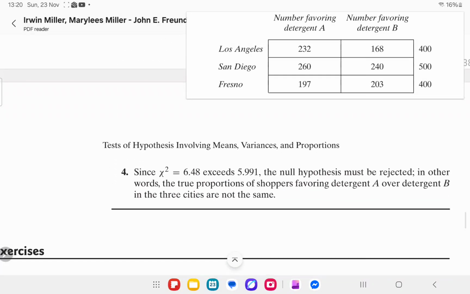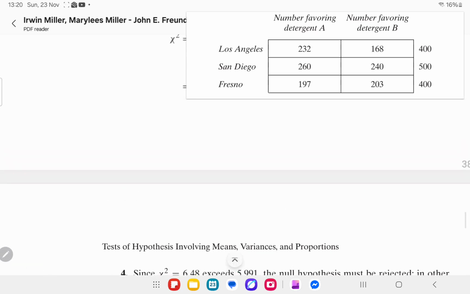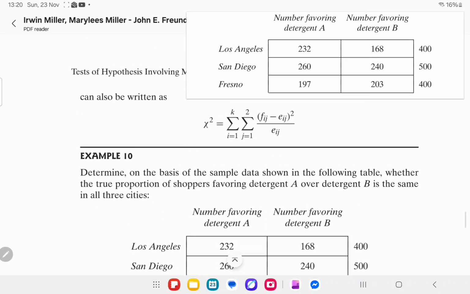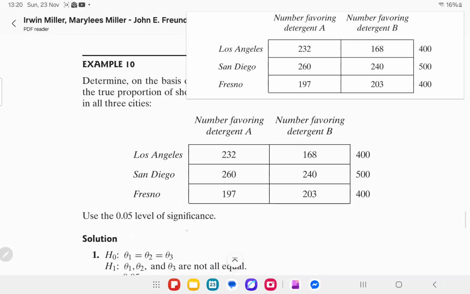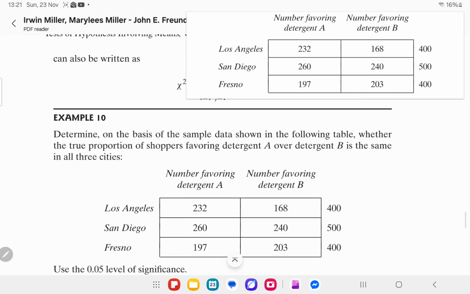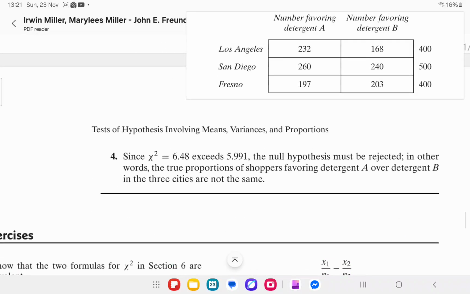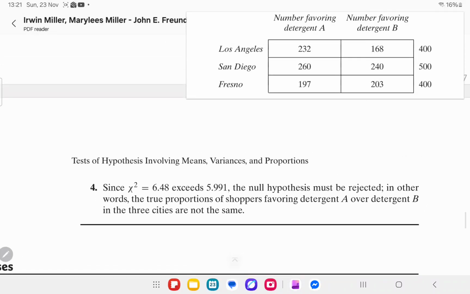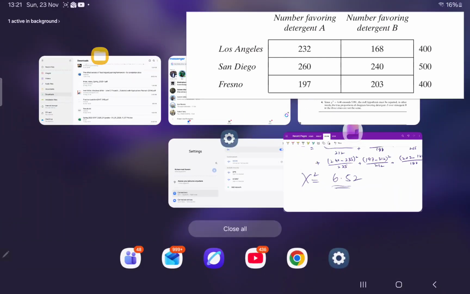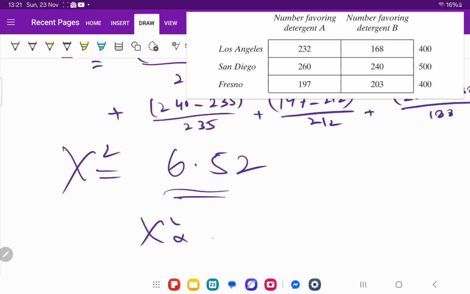Since 6.48 exceeds 5.991, the null hypothesis must be rejected. This level has been given in the question: use the 5% level of significance. So using the 5% level of significance, we get chi-square alpha, where alpha is 0.05, which is 5.991.